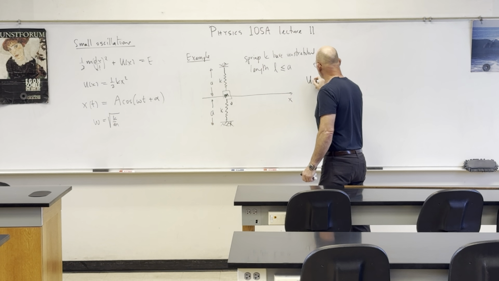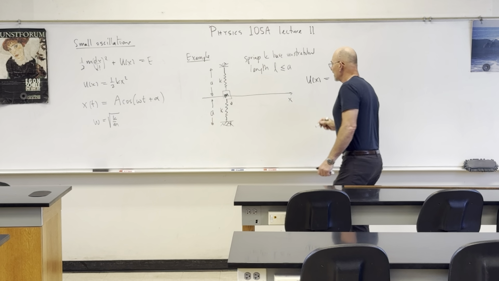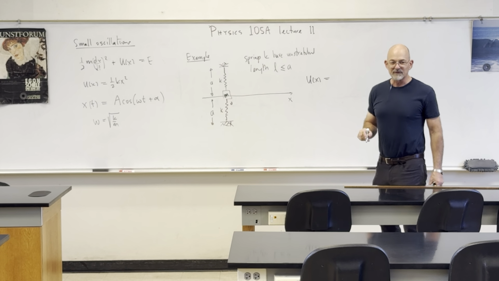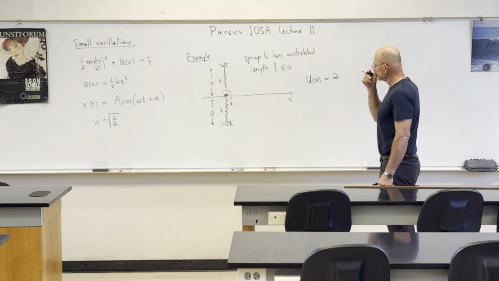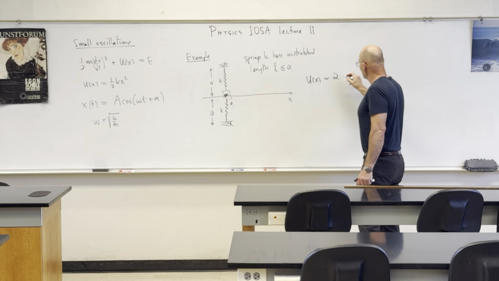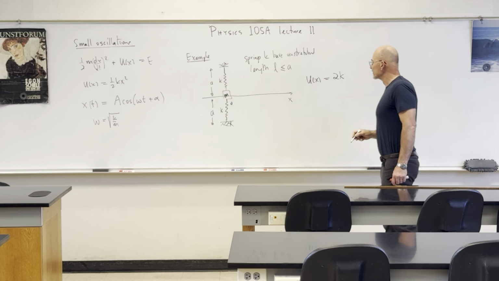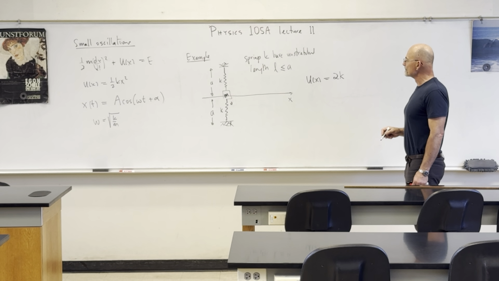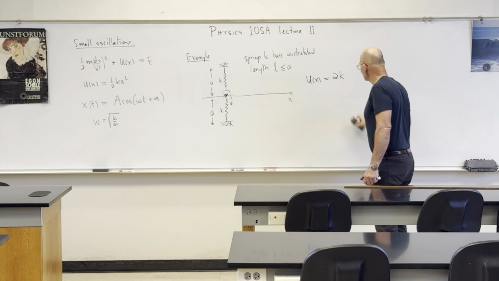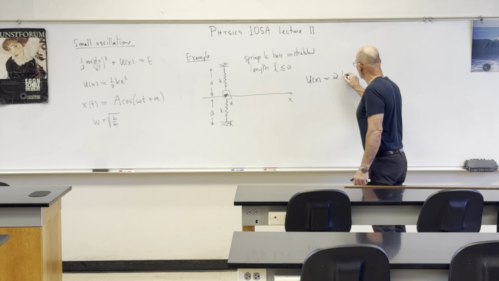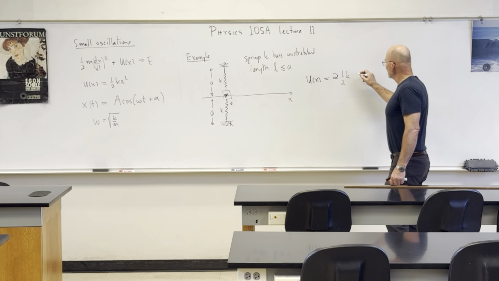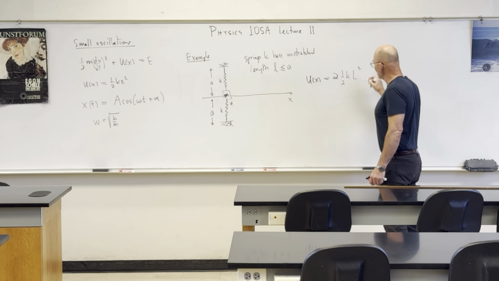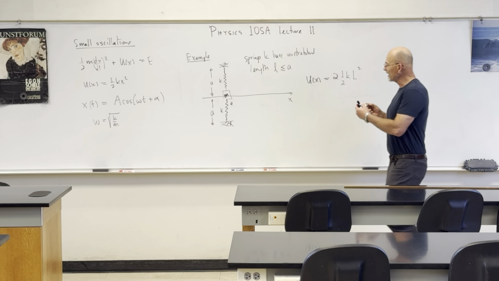The potential energy of X, there are two springs, so it's symmetric. 2 times 1/2 K, and I'm just going to say L squared for the moment. So what do I mean by that?